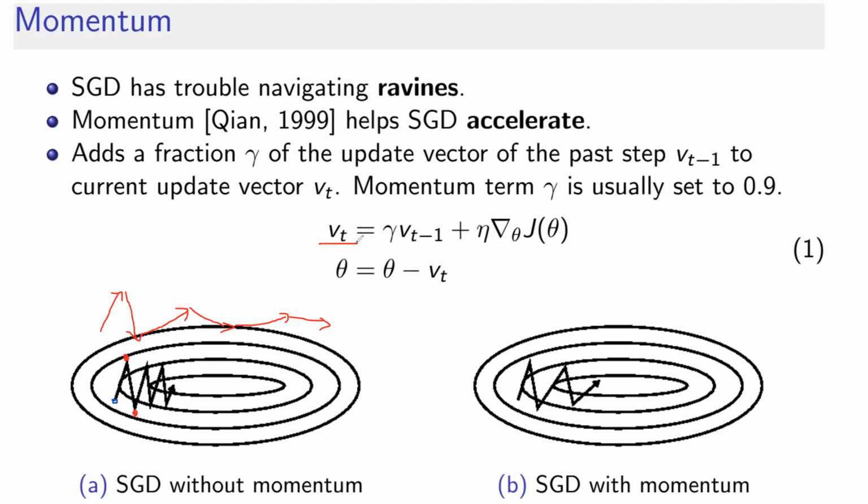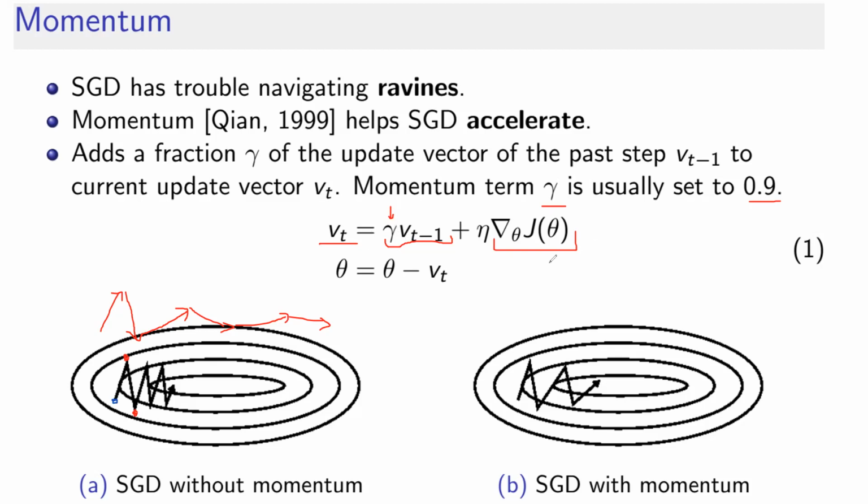We store momentum. So we remember that, okay, let's calculate the gradient, but don't use the gradient as it was. Remember the previous gradient and add it with some value. This is a fraction, so we call it the momentum term. We set it to 0.9 or 0.8, whichever value you like.